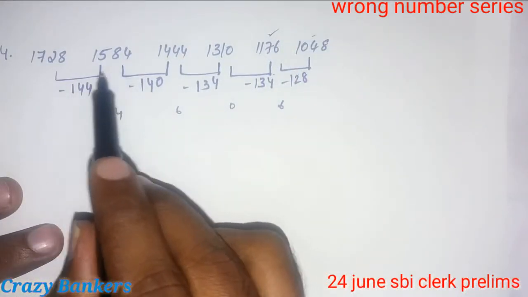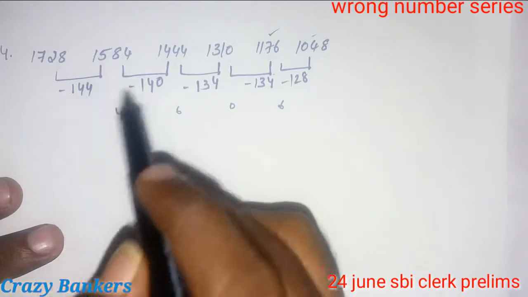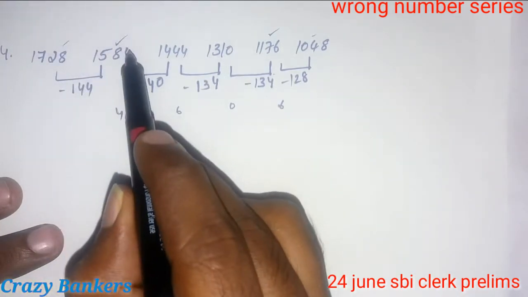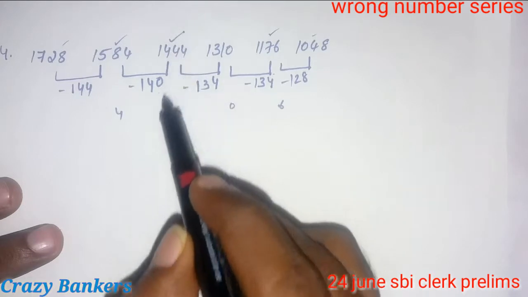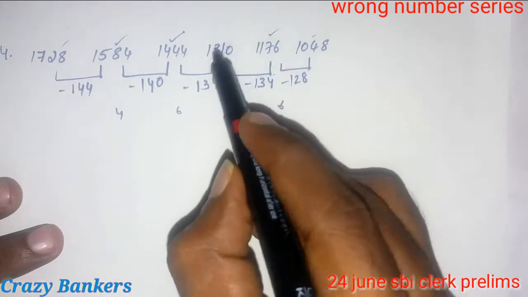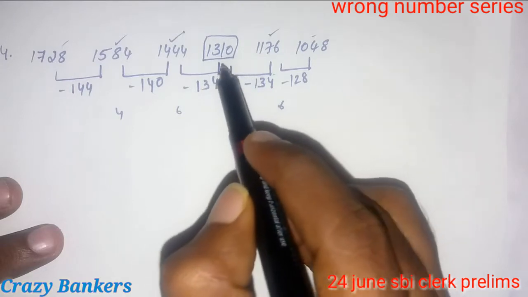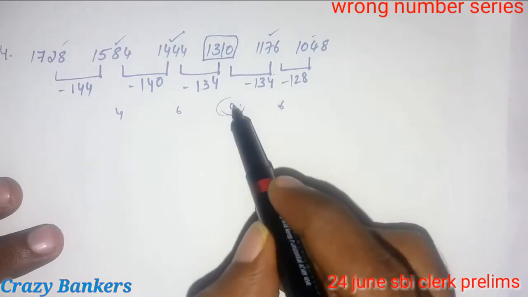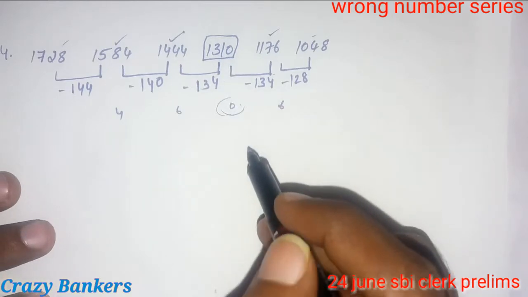Here 144 and 140 differ by 4, so decreasing, these two numbers are right. And the third number is also right because it is decreasing. Only 1310 is the wrong number in the series. It is not decreasing, and the difference created is 0.